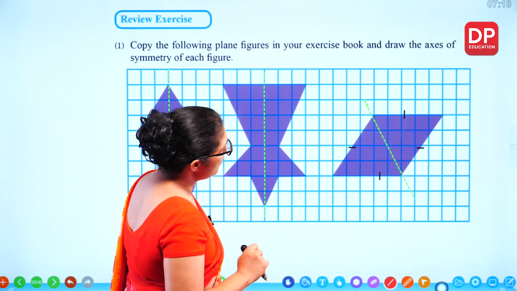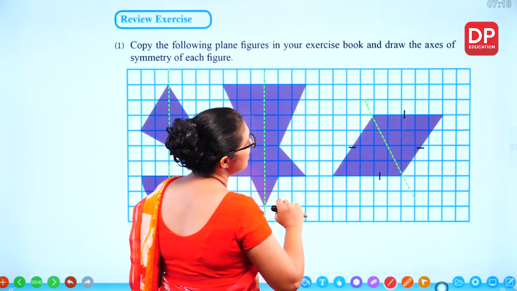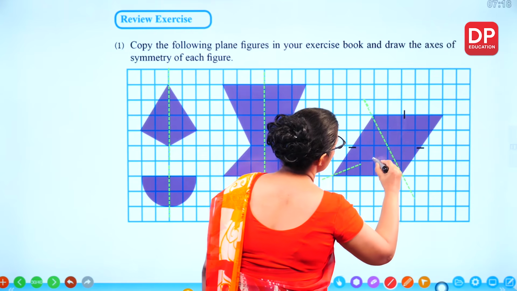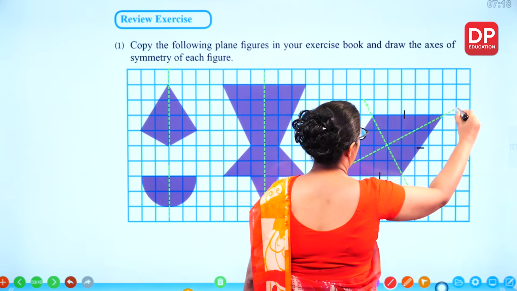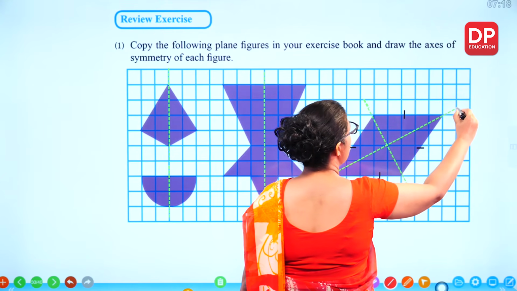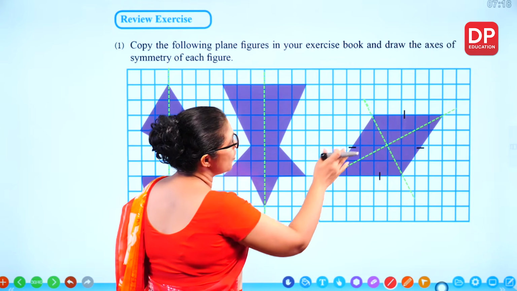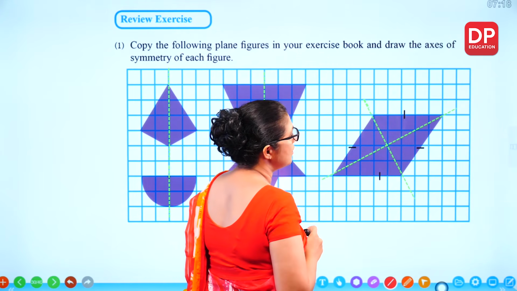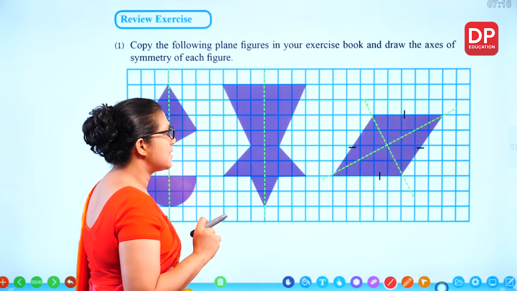Can we draw the other way around? Yes, this way also, possible. So here, if we draw another line like this, that's also possible. This triangle is equivalent to this triangle. So 2 axes of symmetry.